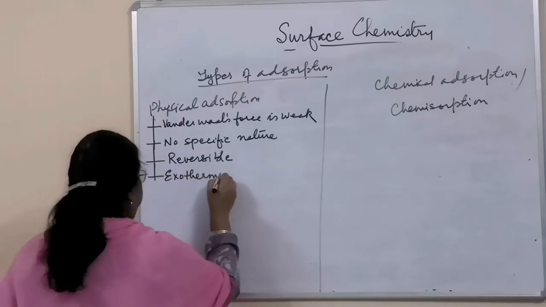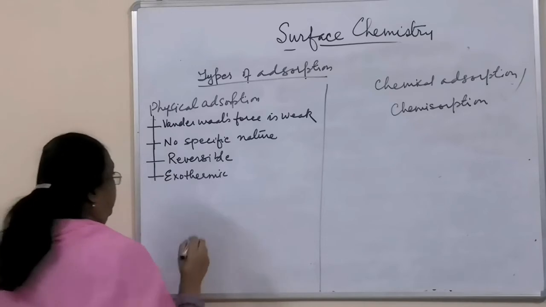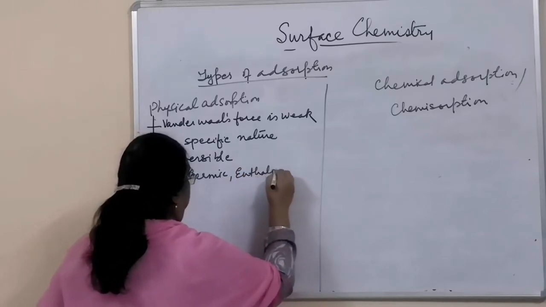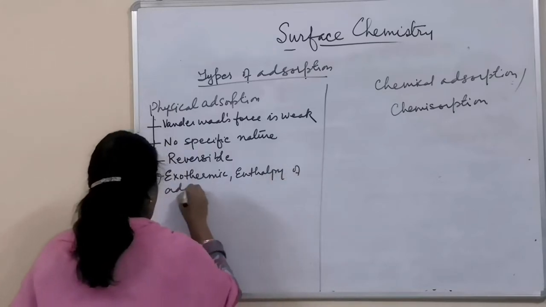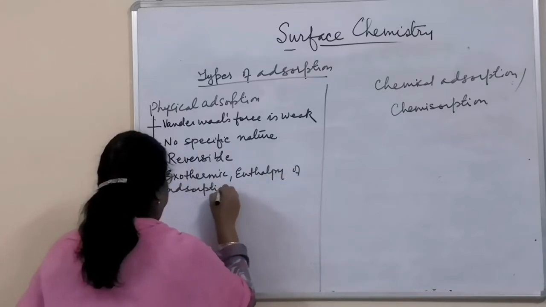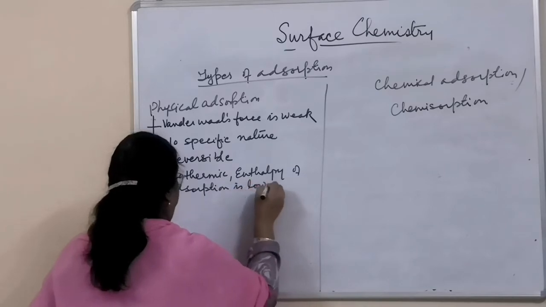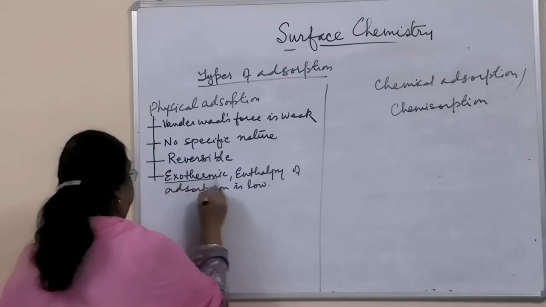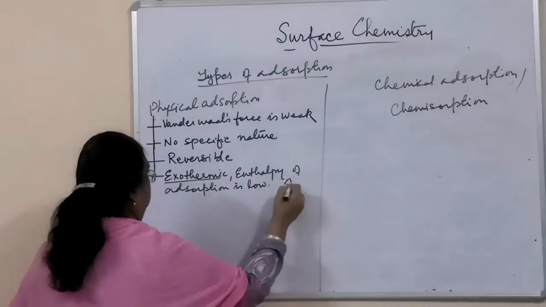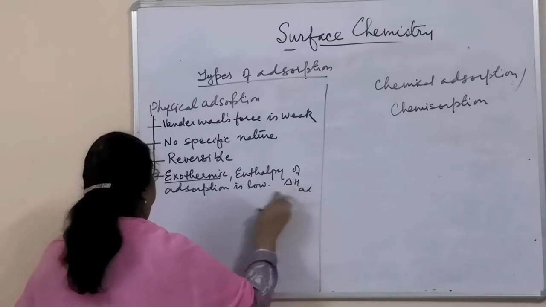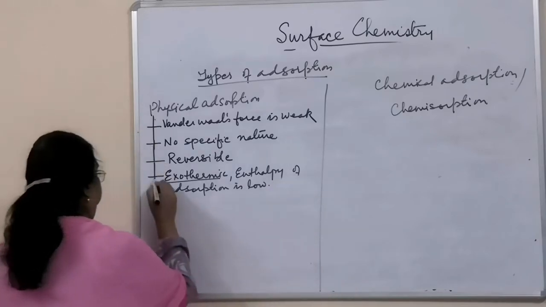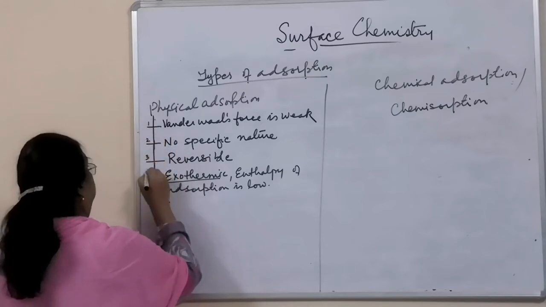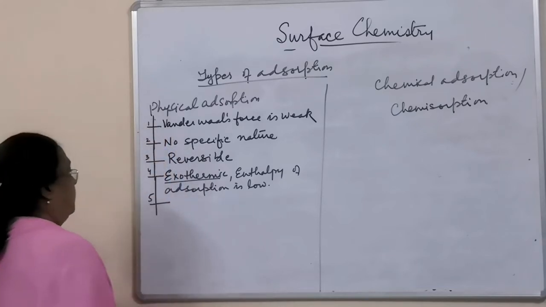Then the next point is exothermic. This process is exothermic, but the enthalpy of adsorption is low. So you remember that although it is exothermic, the enthalpy change, delta H adsorption, is quite low. Then this is the first point, second point, third point, fourth point, and the fifth point now.